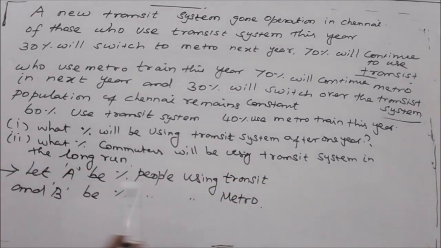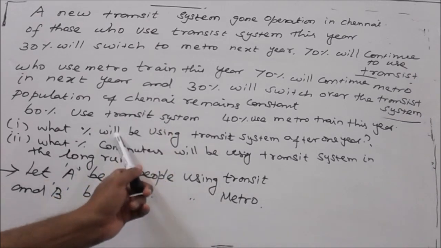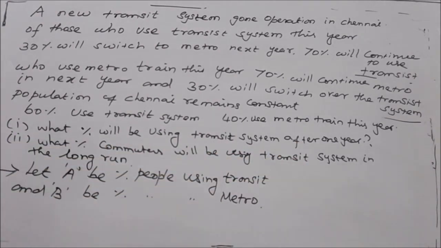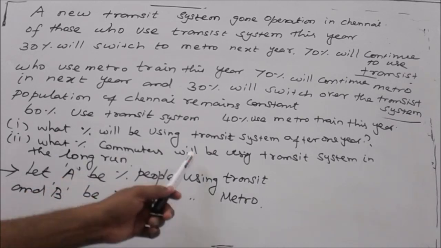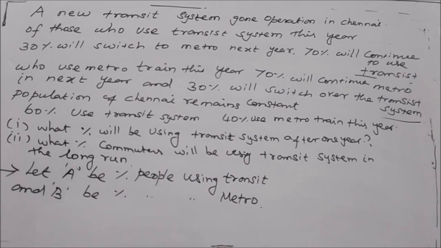What percent of the commuters will be using the transit system after 1 year, and the second subdivision is what percent will be using the transit system in the long run.